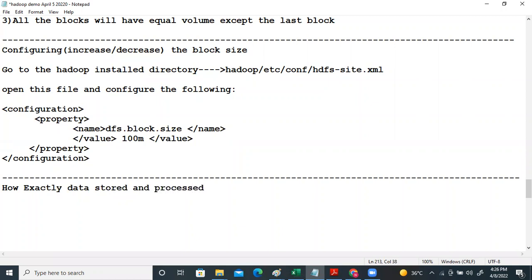How exactly is data stored and processed? Just observe, I'm going to discuss some cases here.